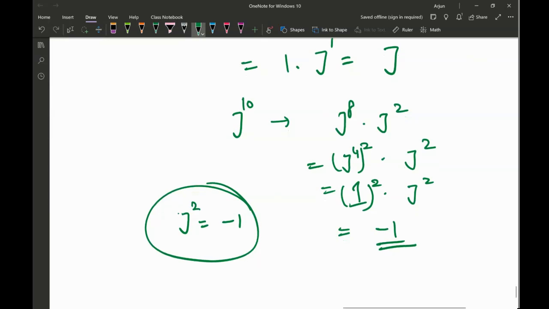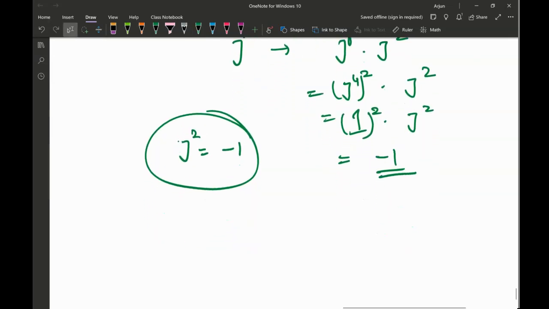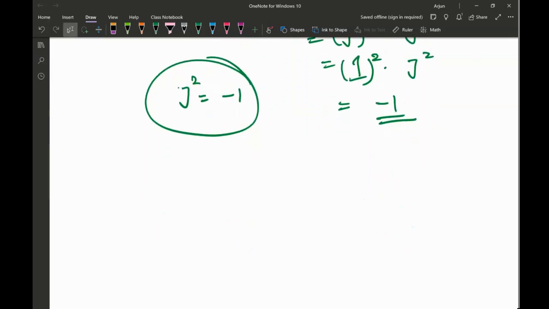Now going back to the complex number, as I said, a complex number is a combination of a real number and an imaginary number. If I wanted to write a complex number, it will look like this form: a plus bj. This is the real part and this is the imaginary part.